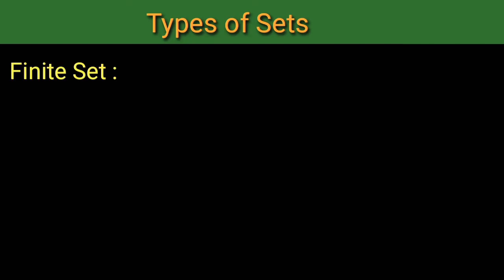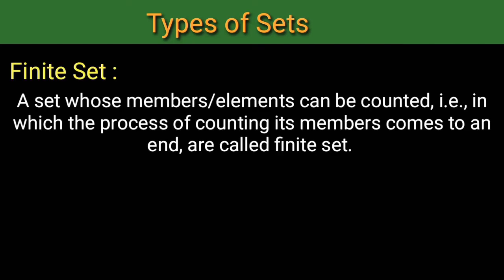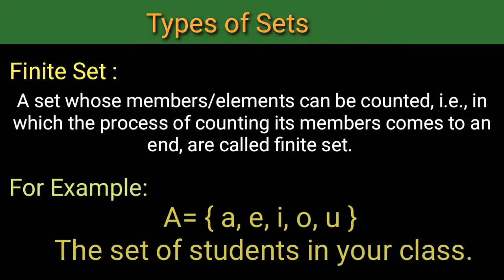Types of sets. Finite set. A set whose members or elements can be counted, that is, in which the process of counting its members comes to an end, is called a finite set. For example, A = {a, e, i, o, u}. There are 5 members, so it is countable. The set of the students in your class you can count, so it is a finite set.